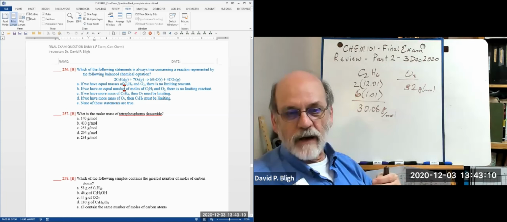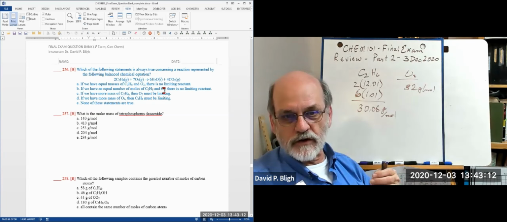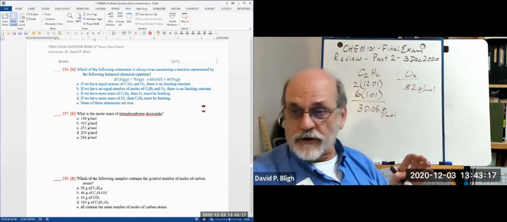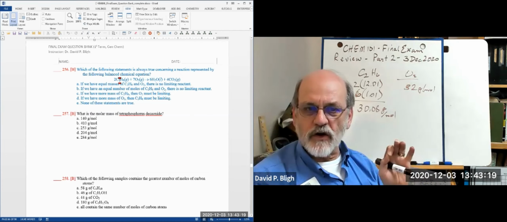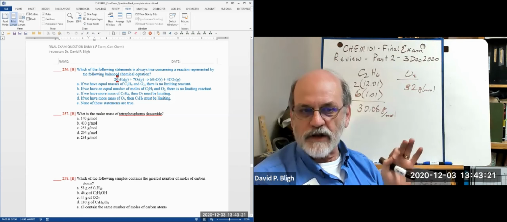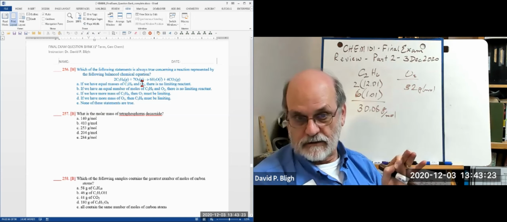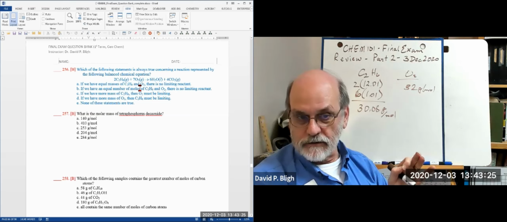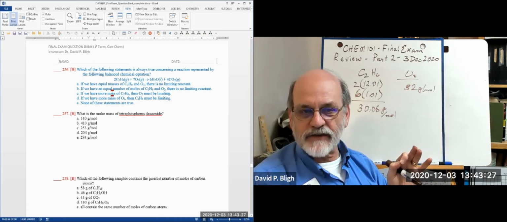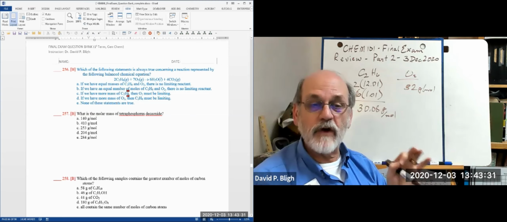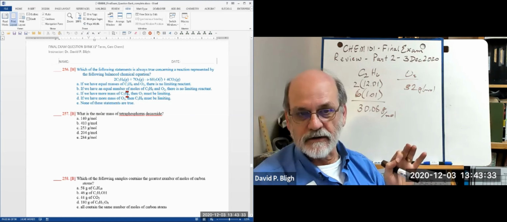If we have an equal number of moles of C2H6 and O2, there's no limiting reactant. That's false too, because the mole ratio is not 1 to 1. The mole ratio is 2 to 7. So B is false. If we have more mass of C2H6 than we do O2, then O2 must be limiting.